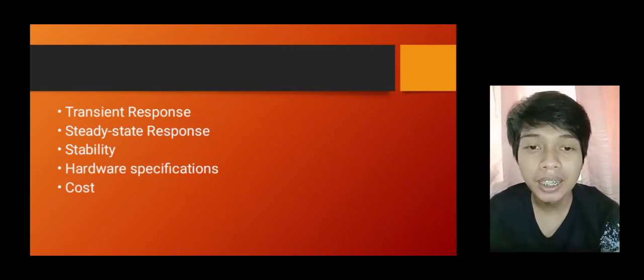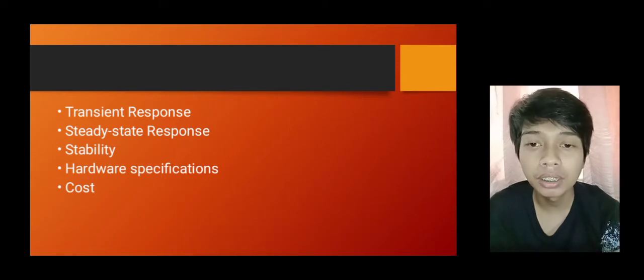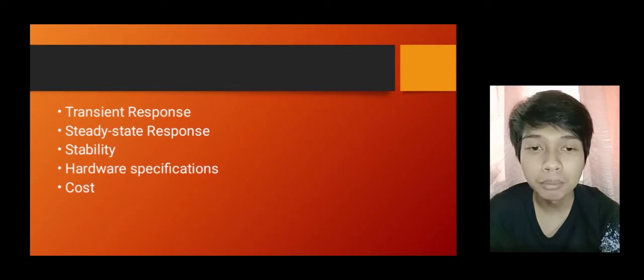Stability. In life, stability is important. All of us want to have a stable financial situation, a stable relationship, a stable job, and a stable place to stay. It is the same with control systems. It should be stable for it to be beneficial. Stability is one of the important characteristics of a system.